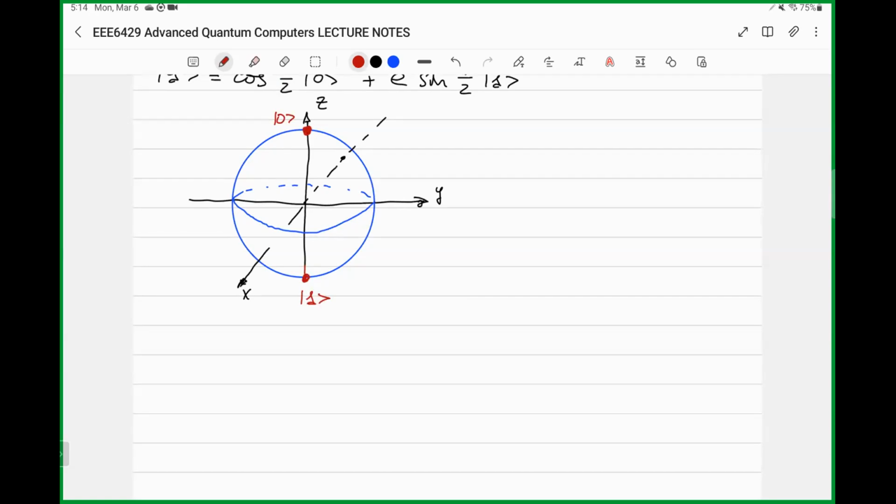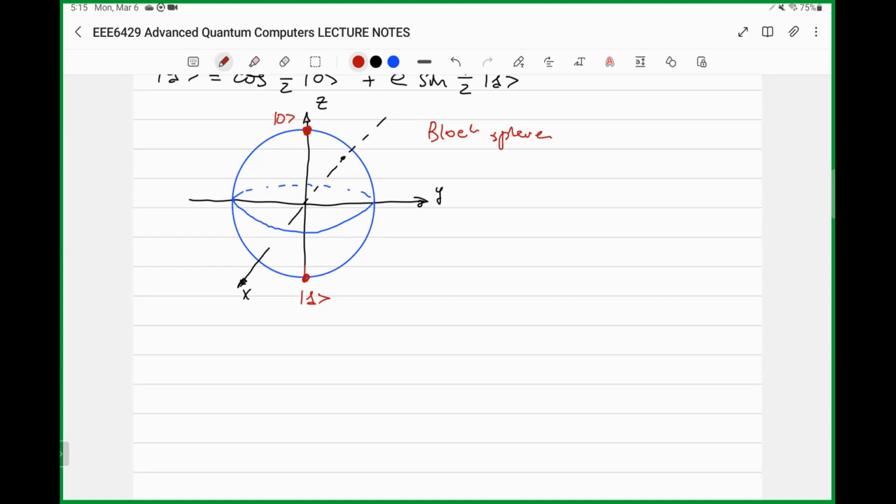In contrast to the Hilbert space, in which the state 0 and state 1 are orthogonal, in this Bloch sphere representation they are collinear.